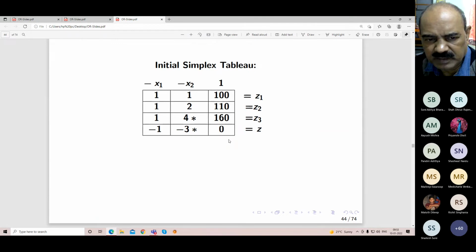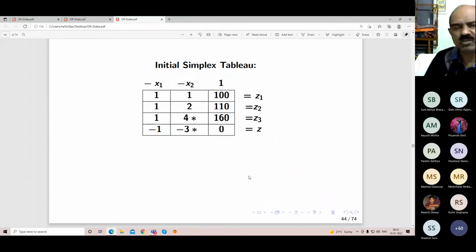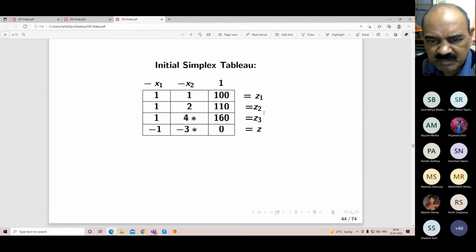Okay, so now in this table, we have basic variables and non-basic variables. What are the basic variables? Basic variables are Z1, Z2, Z3. These three are the basic variables. What are the non-basic variables?